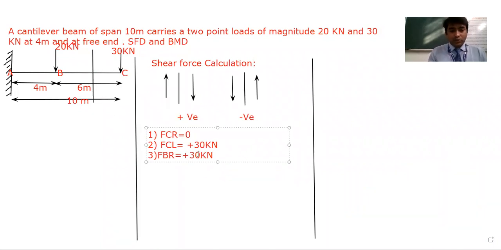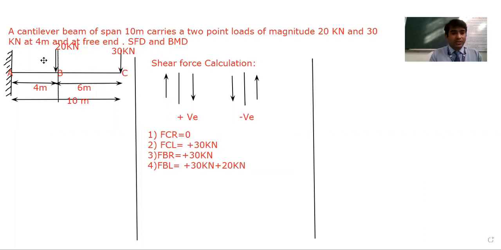Then the fourth one, shear force at B left side. How much will it be? Previously carried 30 kilonewton plus its own 20 kilonewton. How is it possible?